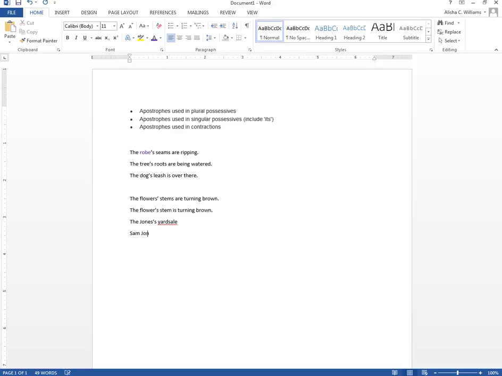If it's Sam Jones, you don't say Sam Jones's, right? But Sam Jones's lunch pail. This is acceptable, and this is acceptable. Just pick one and stick with it. Personally, I prefer this style. I just think it's less cluttered. And it's the same rule that you're using up here. So I just think, why not make it all the same? But again, this is fine. You'll see this too.